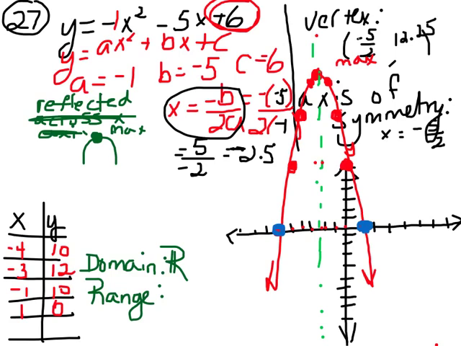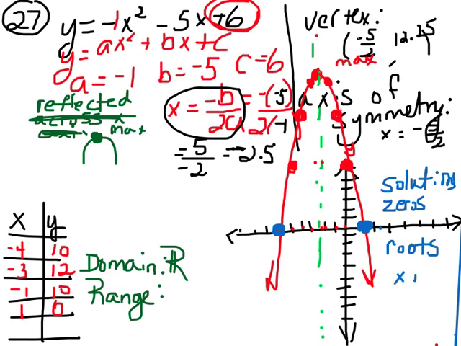But when you solve, these blue points are your solutions. So I'm going to write that out to the side here. These are the solutions. They are also called the zeros because in that spot, y is equal to 0. They are sometimes called the roots. But our x-intercepts are our solutions. Those are our solutions right there.